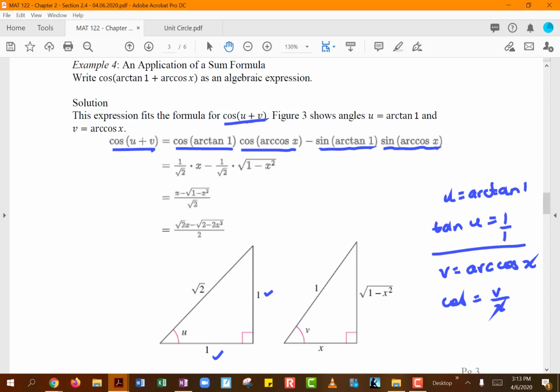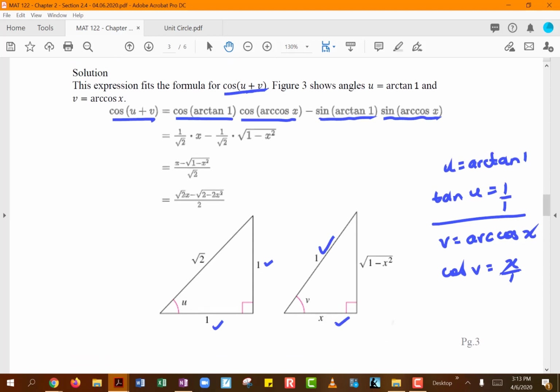No, sorry, I wrote that wrong. Let me see if I can write this again. It should be cosine of v equals x over 1. So cosine is adjacent over hypotenuse, so that's what that will end up looking like. And then you can calculate our third missing side.